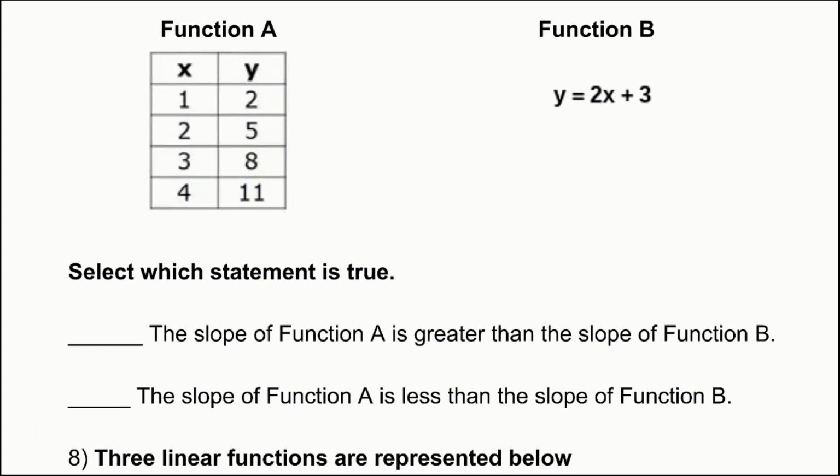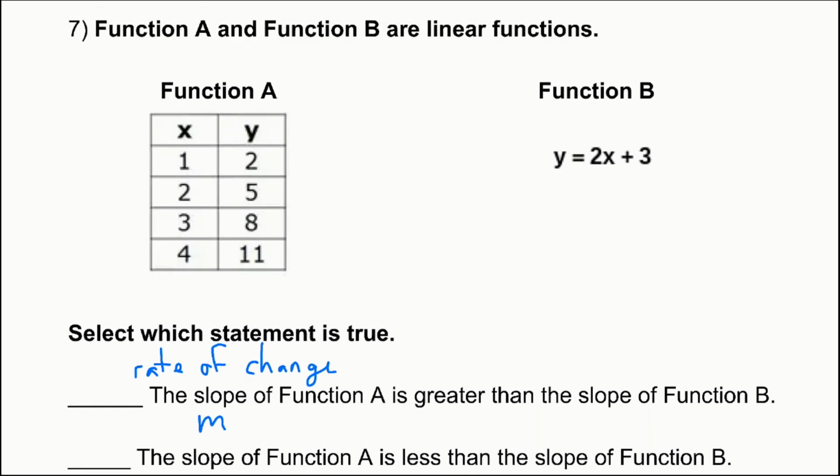So slope is going to be m. It's also going to be the rate of change. And to find the rate of change, we take the change in our y values divided by the change in our x values.